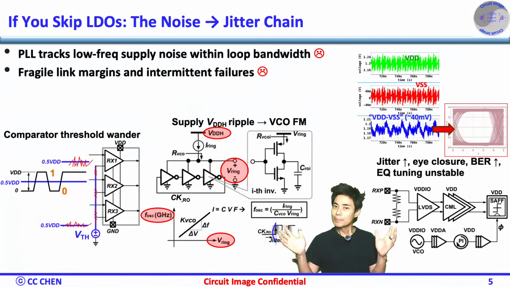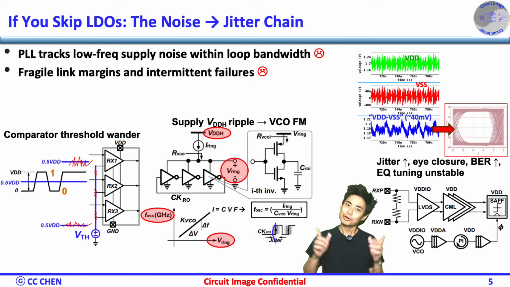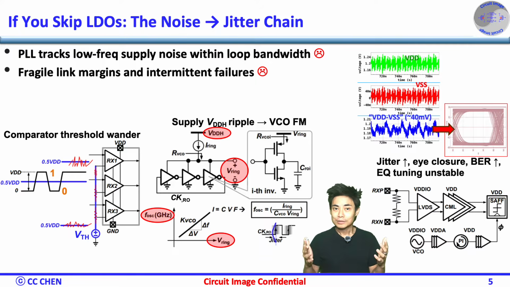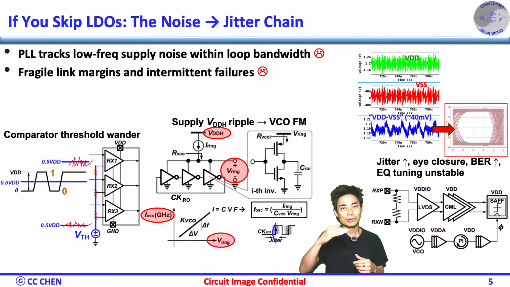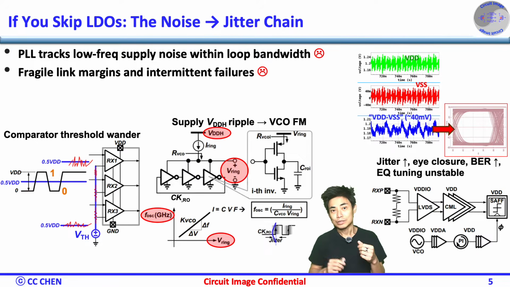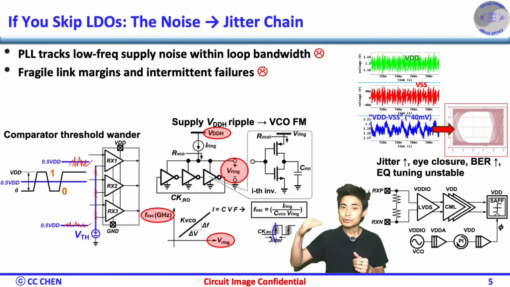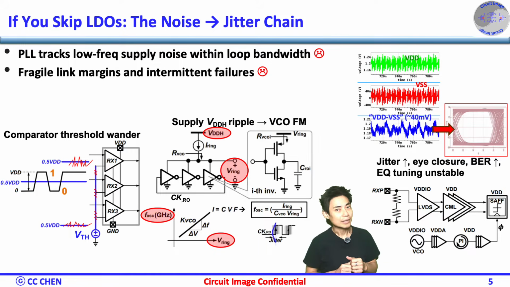So, what happens if we skip the LDO? We create a direct chain reaction from noise to failure. Supply ripple directly modulates the frequency of our timing oscillator and shifts the voltage threshold of our data comparator.